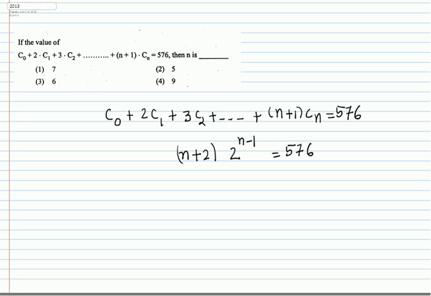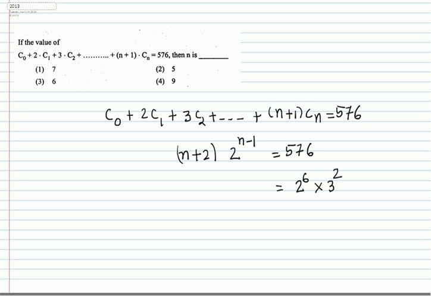Hence now you need to just understand the 576 in terms of 2. So if you find the factors of 576, we'll be getting 2 to the power 6 into 3 to the power 2.